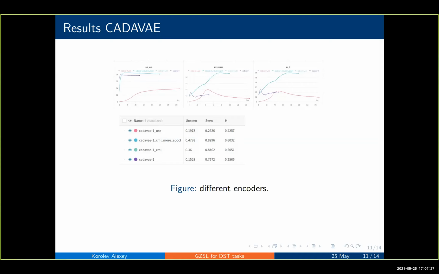That means that encoders influence the result, and maybe in the future it makes sense to use other, more complex encoders, for example.